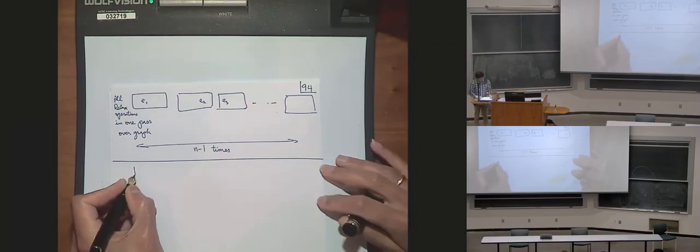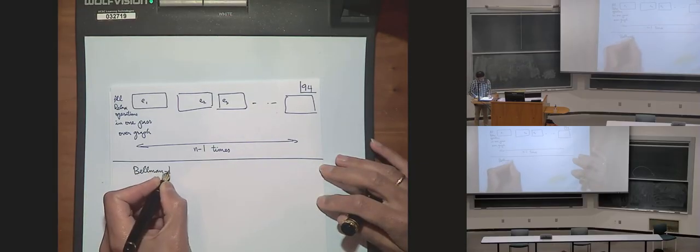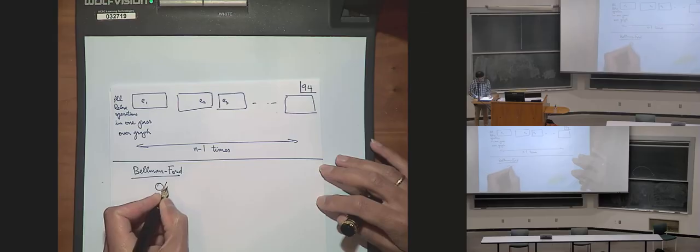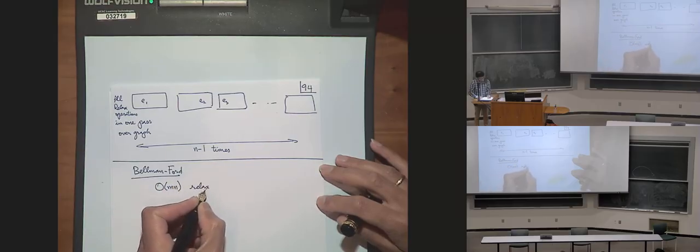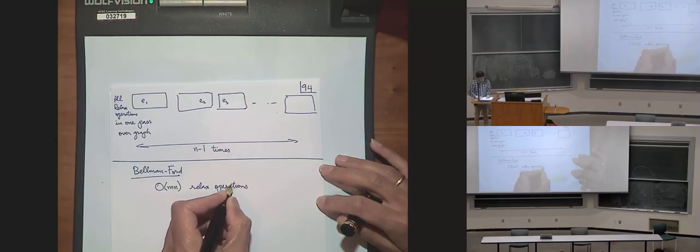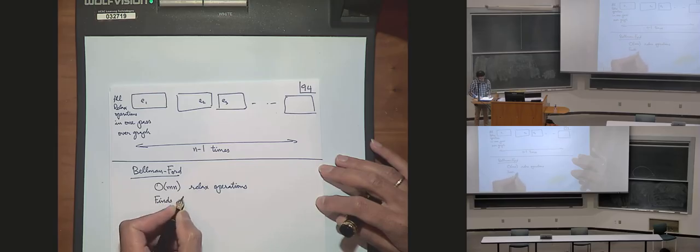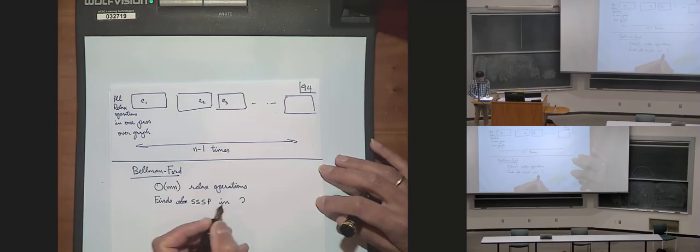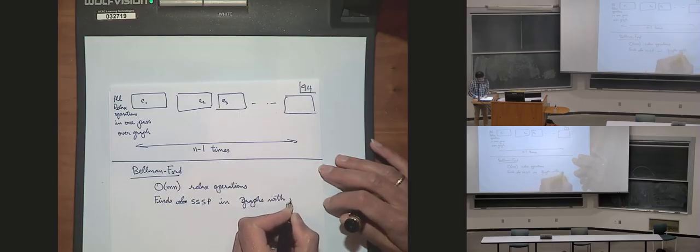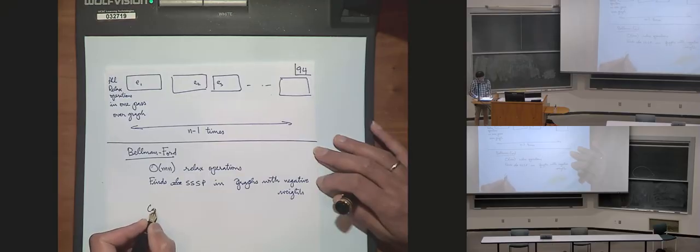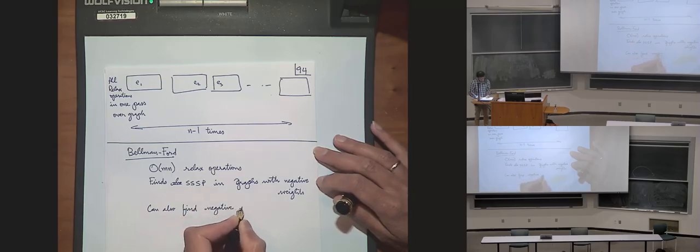So, just to write this out, clearly Bellman-Ford does O of mn relax operations, finds SSSP in graphs with negative weights, and can also find negative weight cycles.